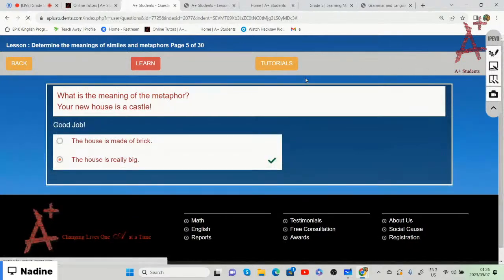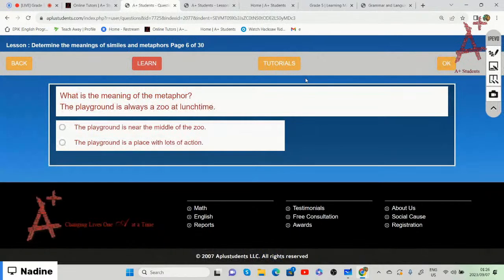All right. The playground is always a zoo at lunchtime. So does it mean that the playground is near the middle of the zoo, or the playground is a place with lots of action?